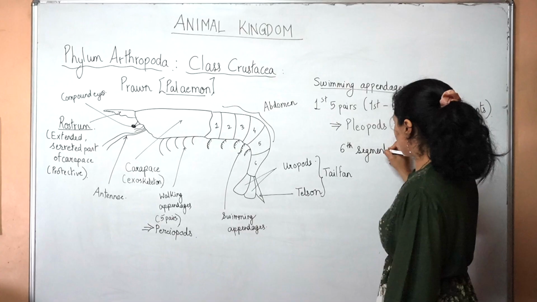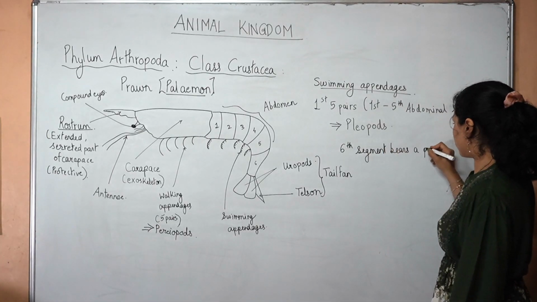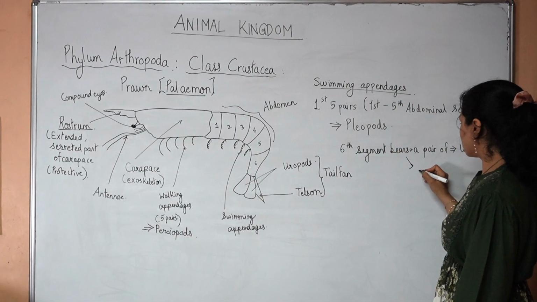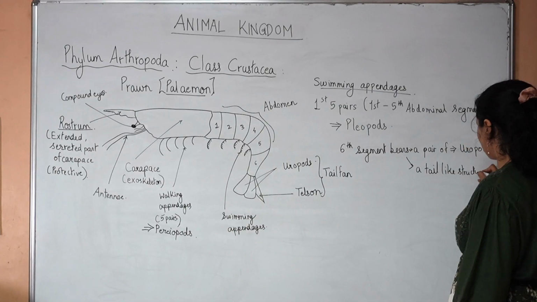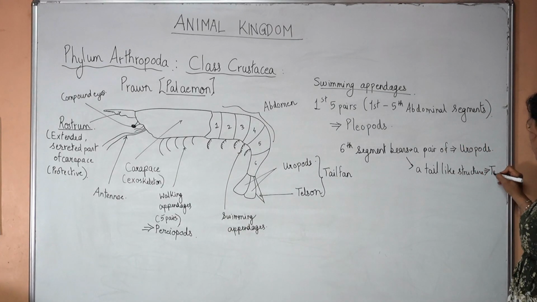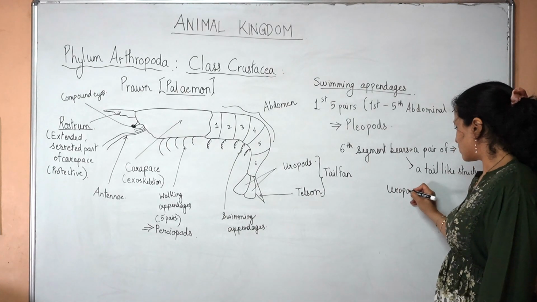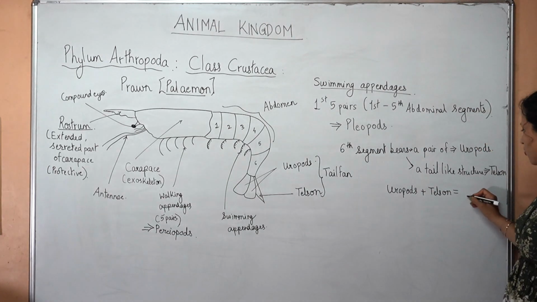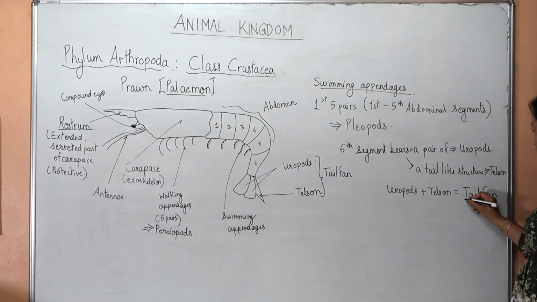The 6th segment bears a pair of uropods plus a tail-like structure called the telson, and the uropods plus telson together form the tail fan, which enables fast swimming in prawns.